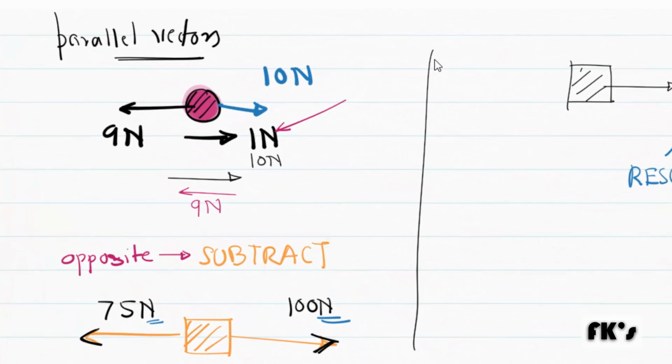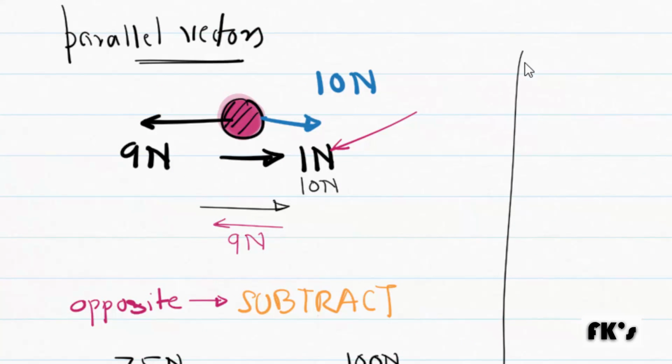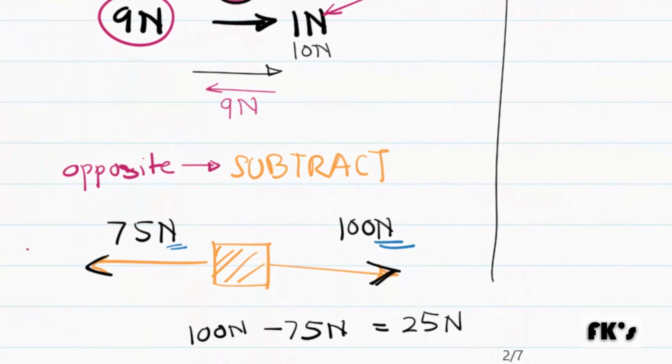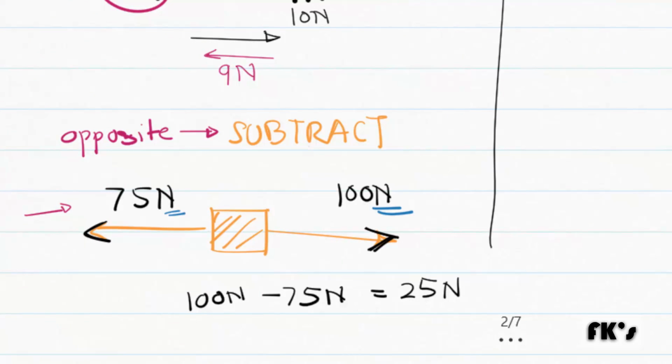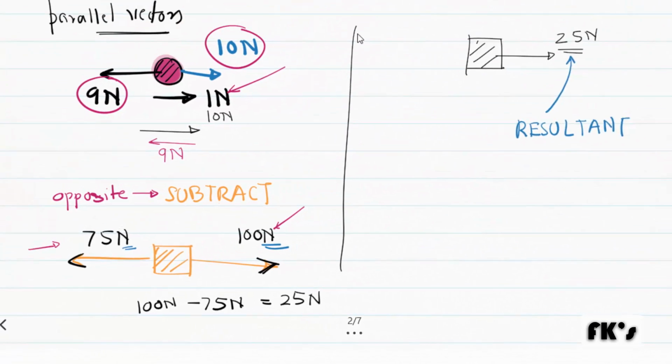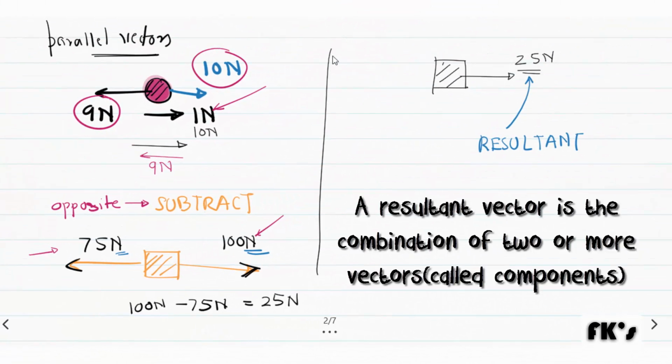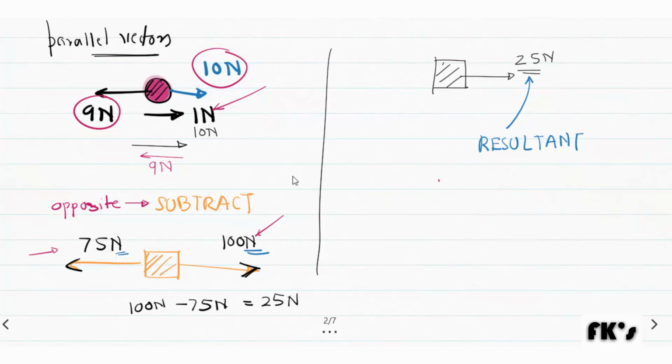In the previous example, 1 Newton is the resultant force, and the original ones, 9 and 10 Newton, are called component vectors. Like in this second example, 75 and 100 Newtons are component vectors, and 25 is of course the resultant. The resultant vector will be the result of two or maybe more than two vectors acting upon a body simultaneously.